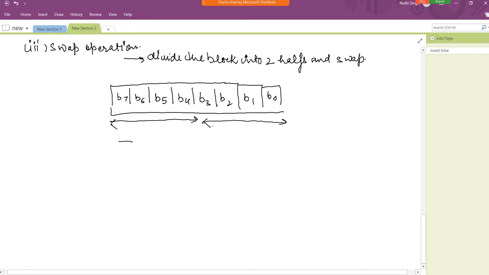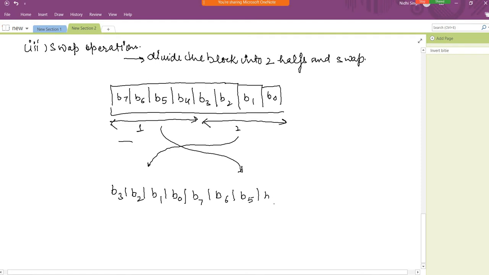Now perform the swapping. In this swapping, this is the first one, this is the second one. Now the second will become first and first will become second. So what will be your output? The output will be B3, B2, B1, B0, B7, B6, B5 and B4. This will be your answer.